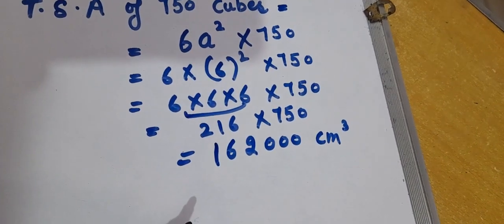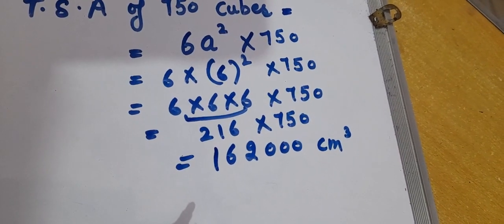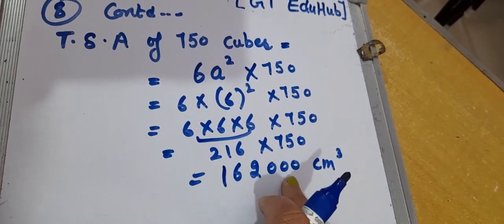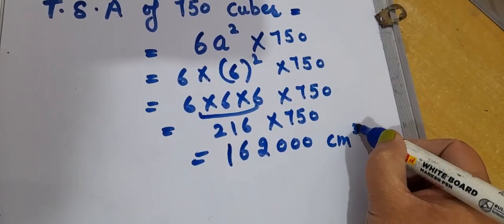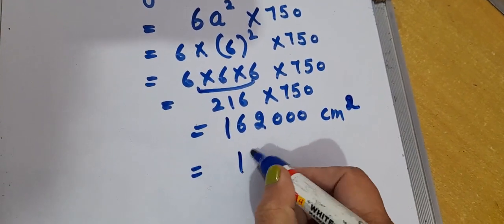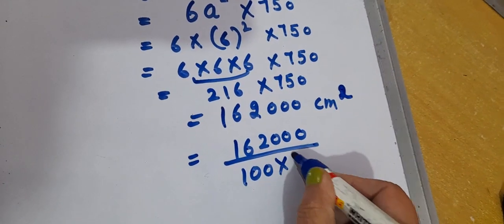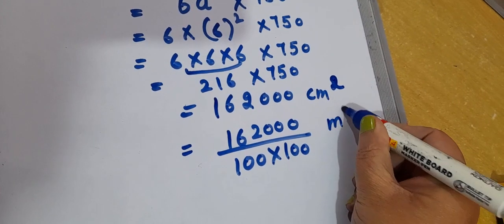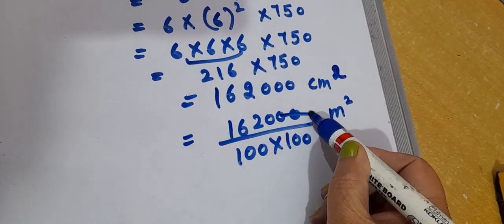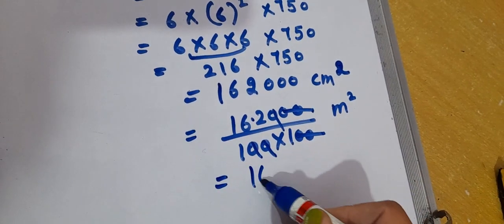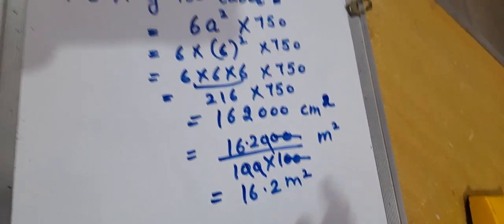Now we have to find cost, and the cost is given at the rate of rupees 150 per square meter. So we have to convert it into square meter from centimeter square. 162,000, we will divide by 100 two times, then it will get converted into meter square. 2 zeros cancel, this zero cancels, so you get 16.2 meter square.